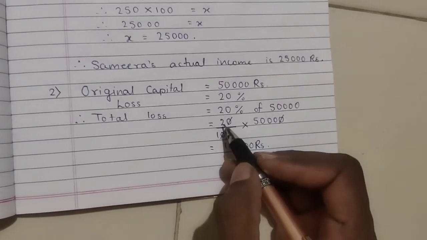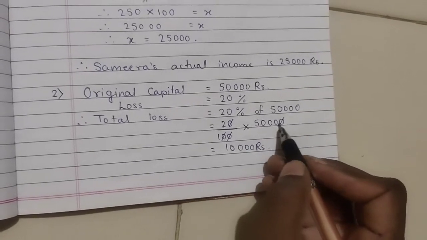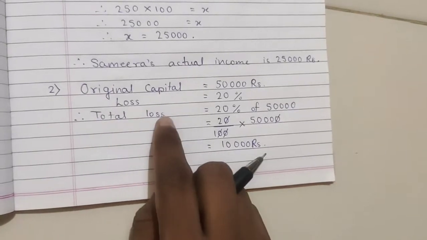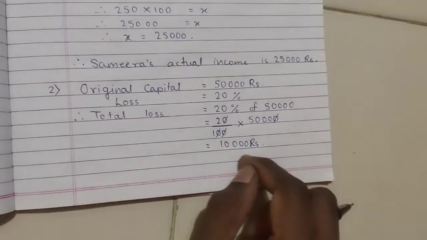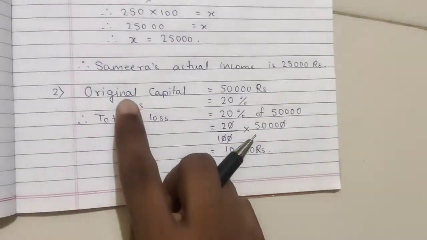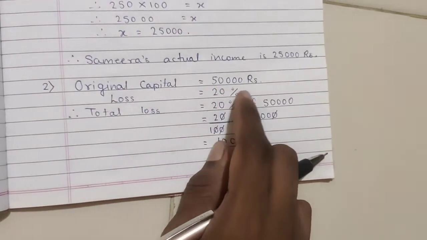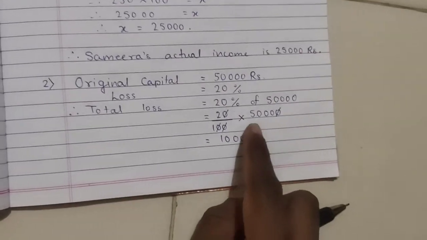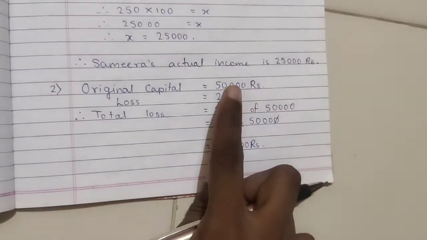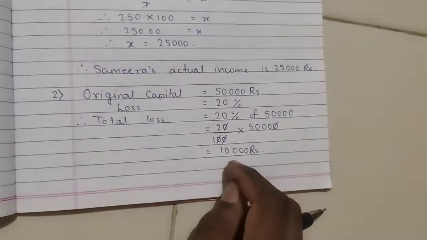So this is the total loss. How much loss has he suffered here? 10,000 rupees. And earlier he was having a total of 50,000 rupees. Now 10,000 loss he suffered. So what is the remaining capital? If you do subtraction, you will get 40,000.